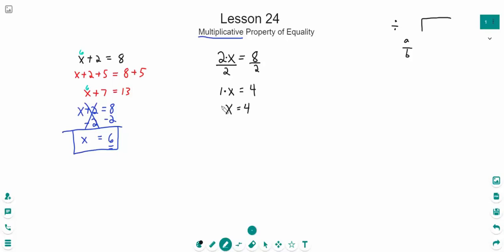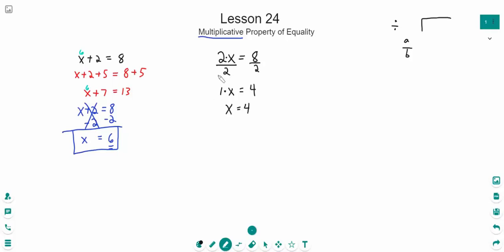And we know it's equivalent because I've told you so, because we're using the multiplicative property of equality. I'm not going to prove that the multiplicative property of equality actually will produce an equivalent equation. I am just going to ask you to take that on faith, that when we undo multiplication by dividing on both sides, we will in fact end up with an equivalent equation, which again means that this x hasn't changed.